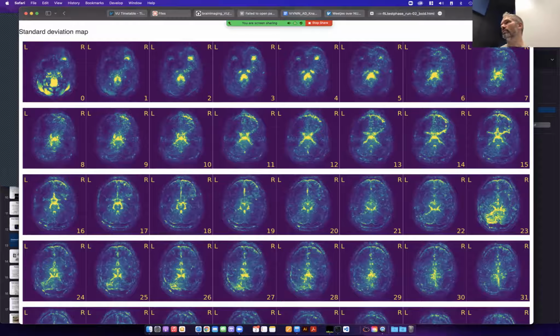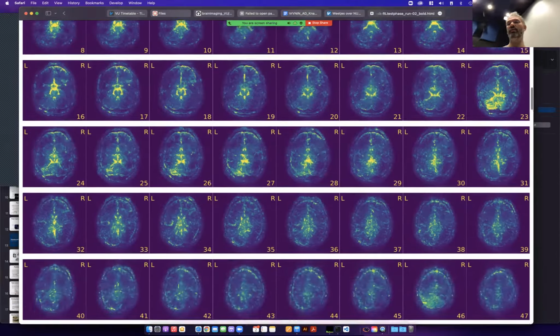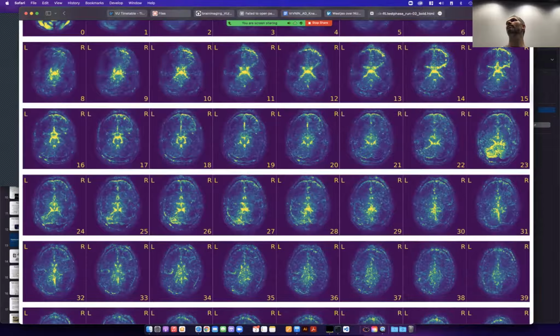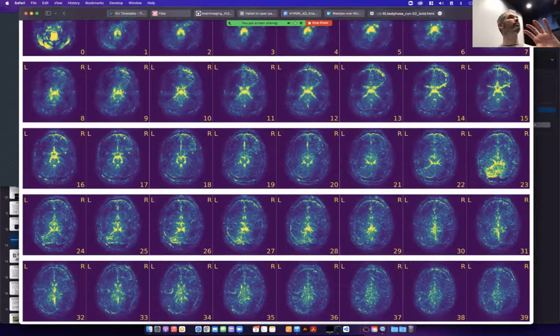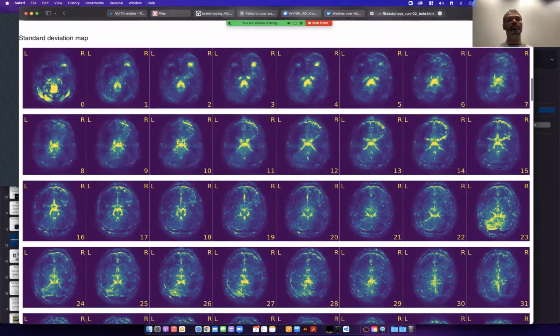And this is after motion correction, so you know that every voxel is in the same location. Then you see a lot of variability on the outsides of the brain. That's where movement brings something that was 0 before into something with a high value and vice versa. So movement is a great contributor to this.